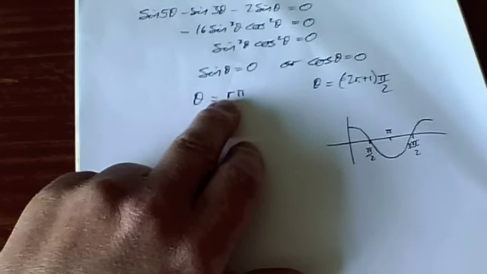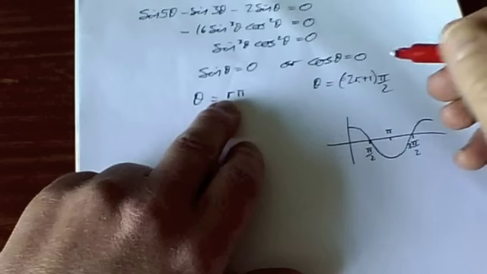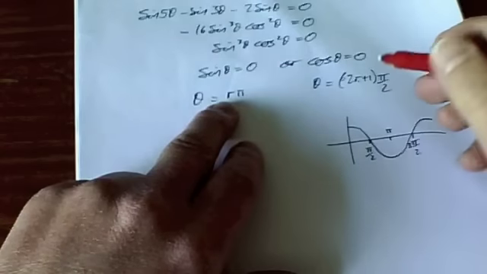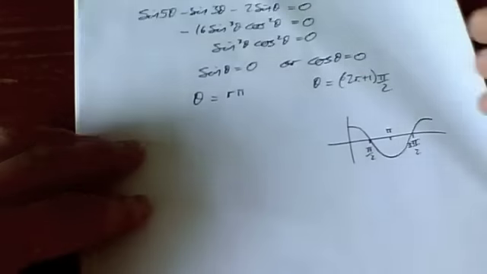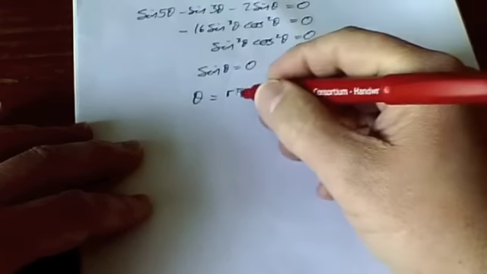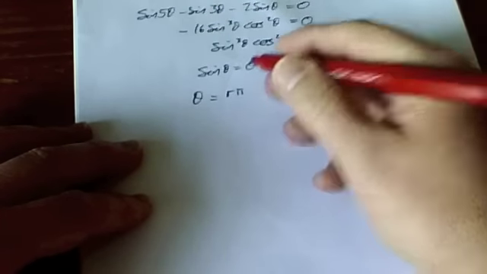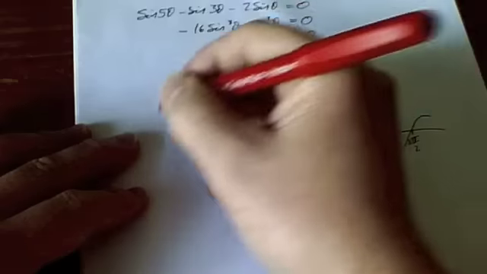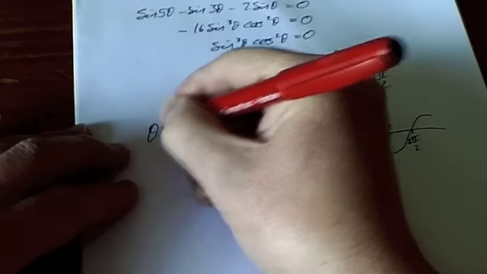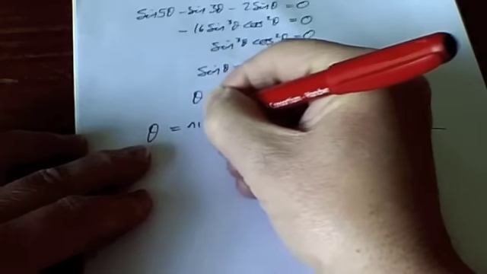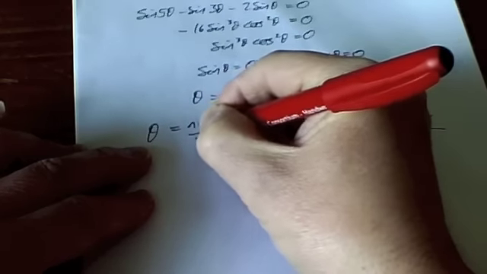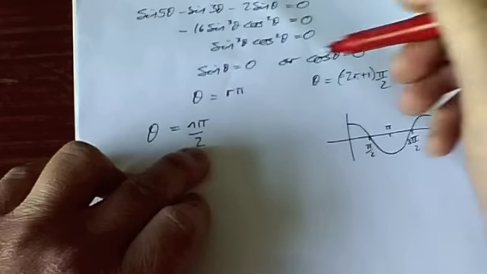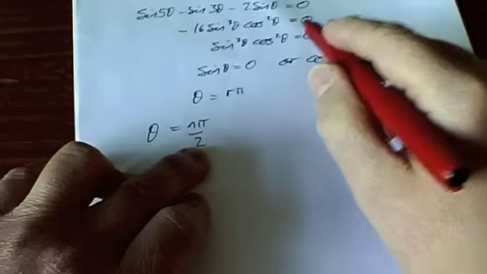If r is 2, we're going to get 2 pi, then sine theta 0, and so on. When r is 3, then cos theta is 0, and so on. So in fact, they are of the form n pi by 2. So at every multiple of pi by 2, the equation is 0.